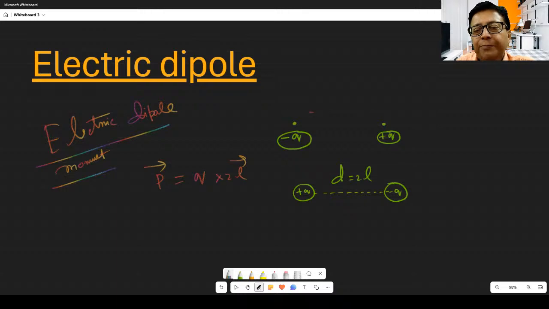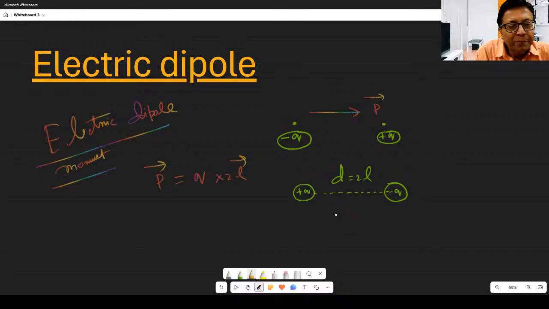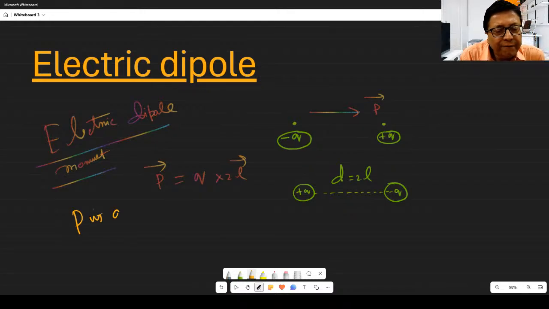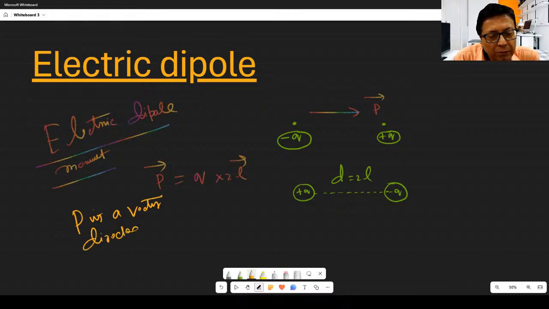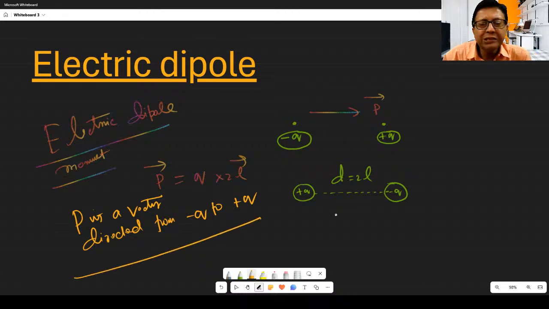It is directed from minus Q to plus Q. Electric dipole moment is directed this way. So P is a vector directed from minus Q to plus Q. Okay?